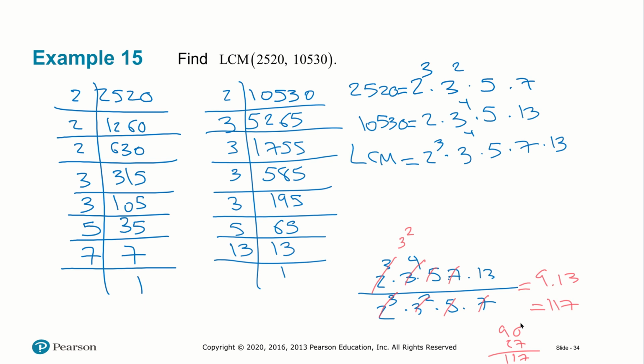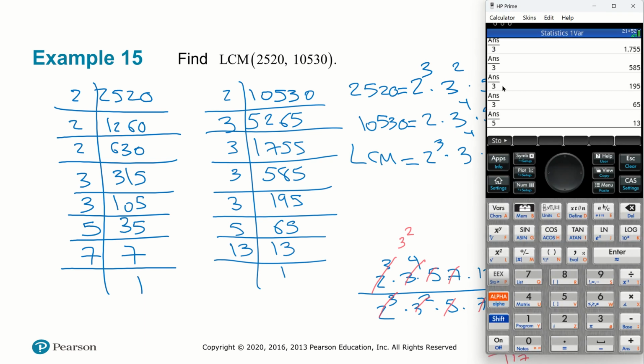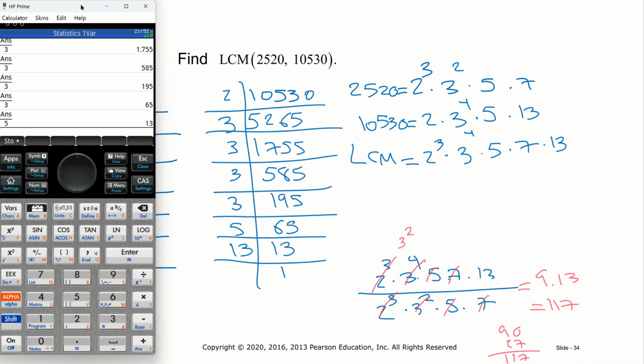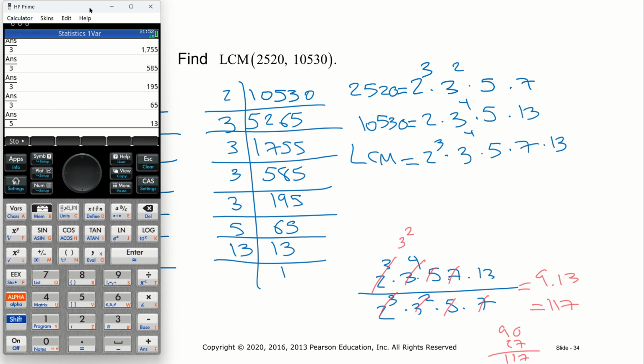All right, so that is how you take care of the LCM. Now, should you want to know what the actual number is, of course, you just multiply it out. So you just do 2 to the power of 3. Oh, not the answer, be careful. 2 to the power of 3. Now notice the cursor, it's at the exponent level. I need to hit the right arrow to get it out of there.